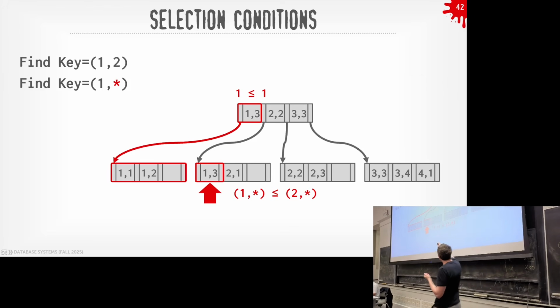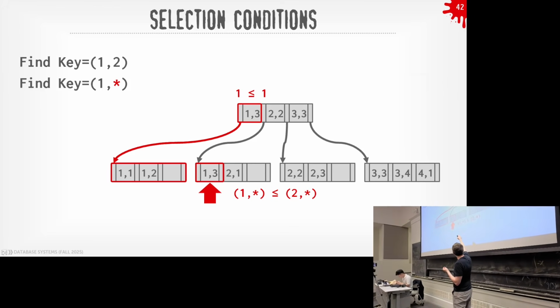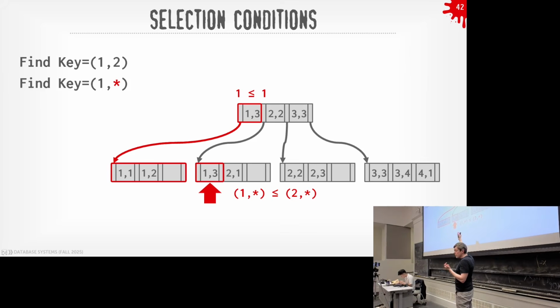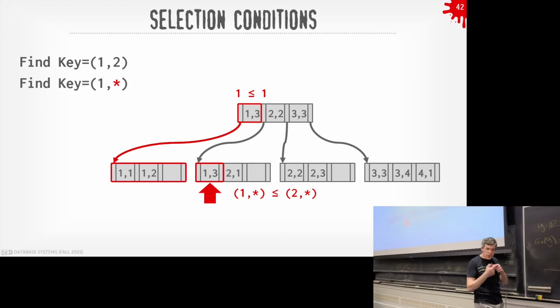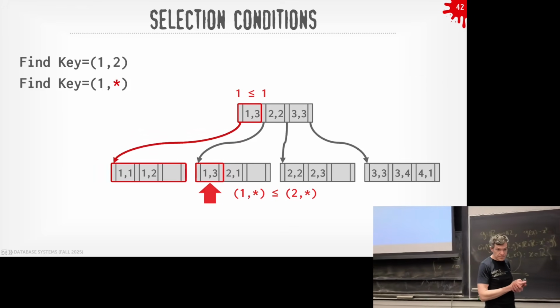So in this case here, I would come across the next key in this leaf node, key A equals 2. I know that doesn't equal 1, so I can stop scanning there and not have to look at anything after that. All right, so I can do a sequential scan along the leaf nodes and find everything I want.